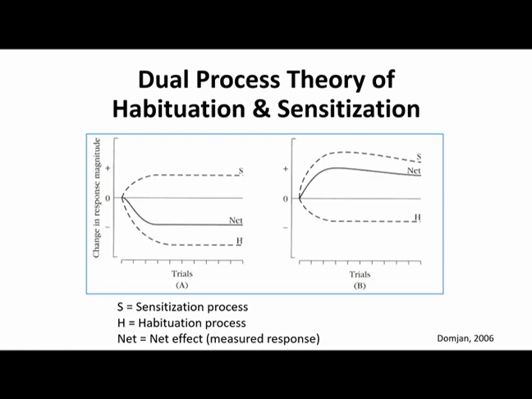So this diagram is from our textbook, and so we can look at all of these are going to have basically a change in response magnitude. So 0 means no change, plus means there's an increase in responding, and negative means there's a decrease in responding. And then this axis is almost always time in some way. So here it's trials. And so A is going to be showing us a net habituation. So this would be a habituation effect because we're seeing overall a net decrease in behavior.